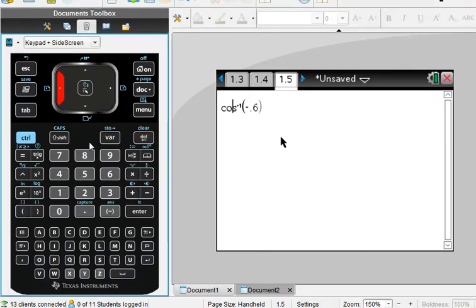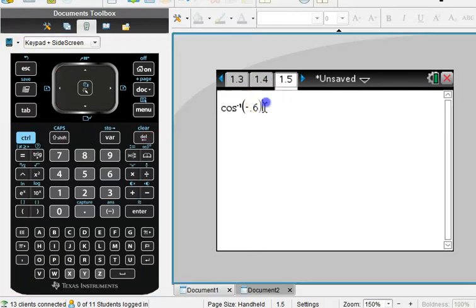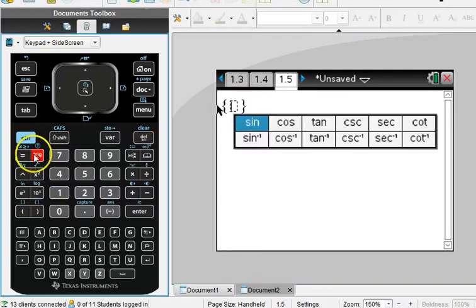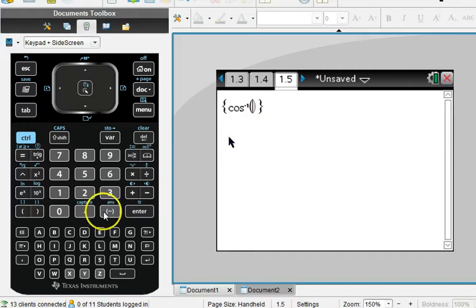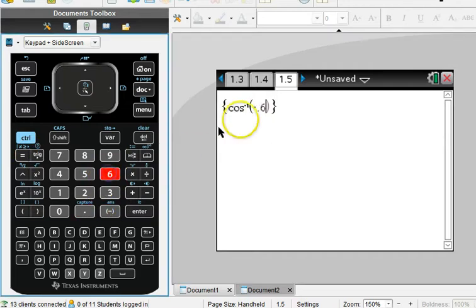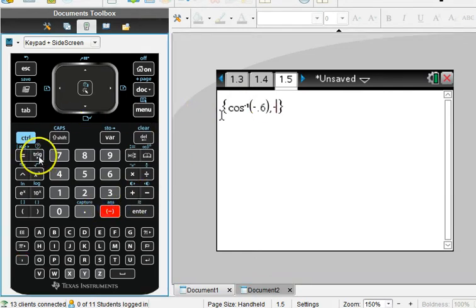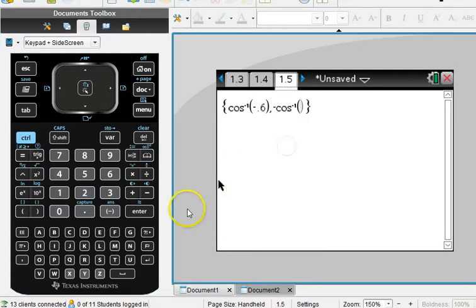Oh, I didn't do the curly bracket. There's the problem. So let me just start over. Okay, we'll just delete that. So curly bracket, inverse cosine of negative 0.6. Okay, then we'll put our comma here. And then negative inverse cosine of negative 0.6.